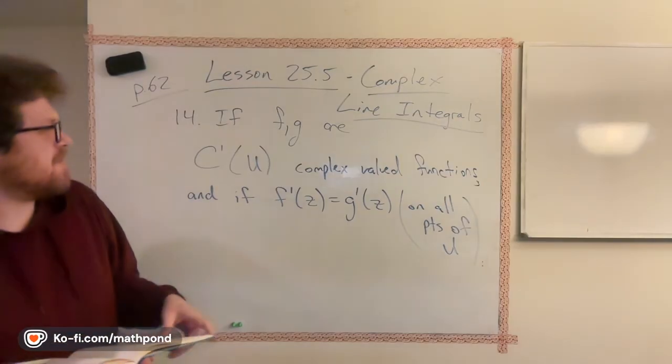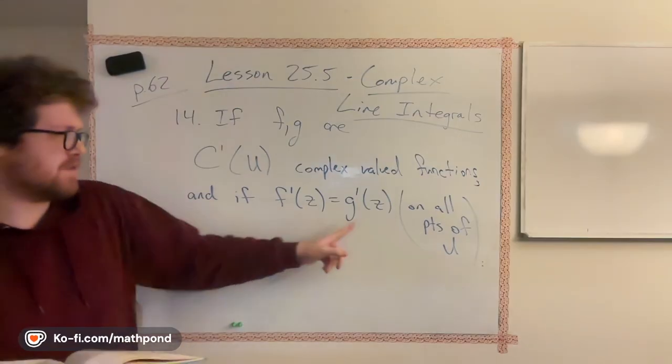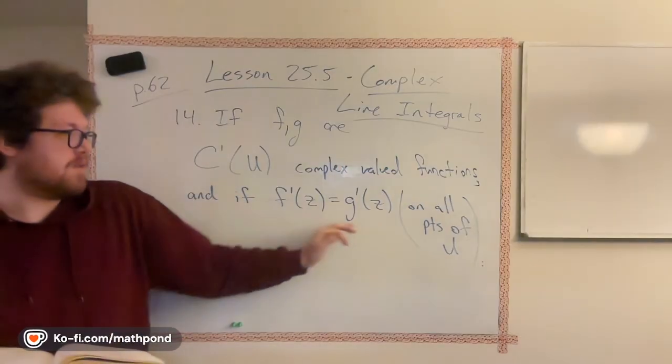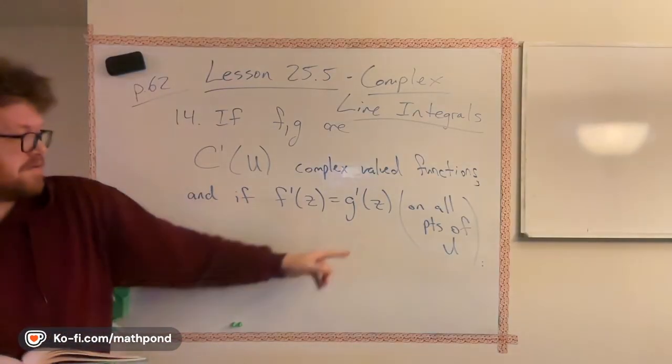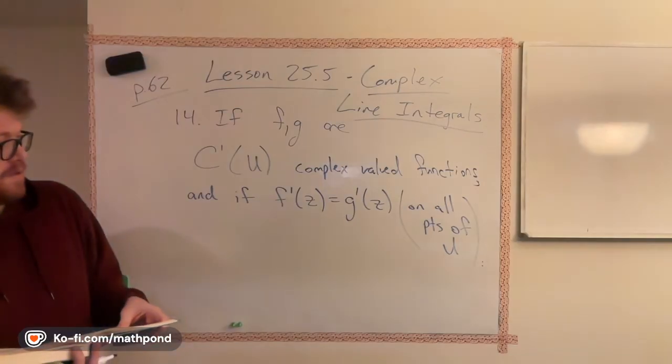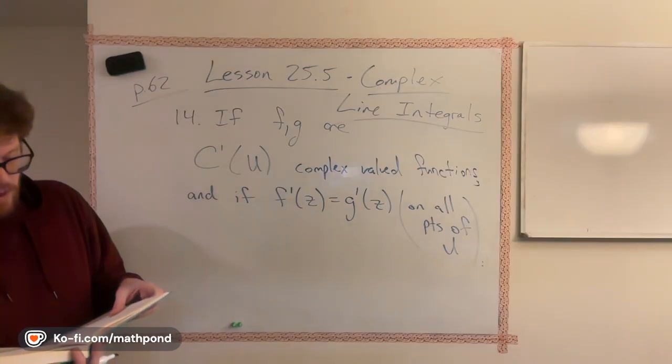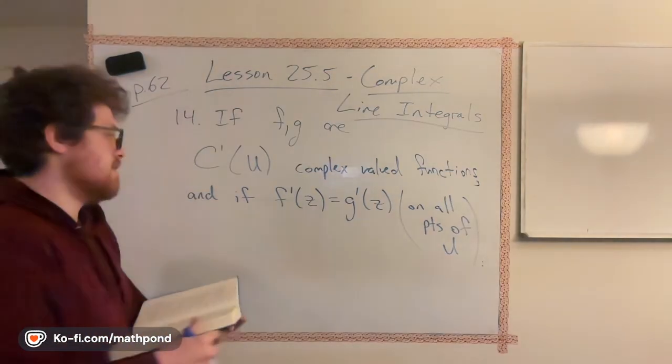I guess when they say f prime and g prime, I think they mean the complex derivative exists. So it's not only C1, but it's holomorphic, and the derivatives exist and are equal to each other for all points z. Then how are f and g related? That's the question.